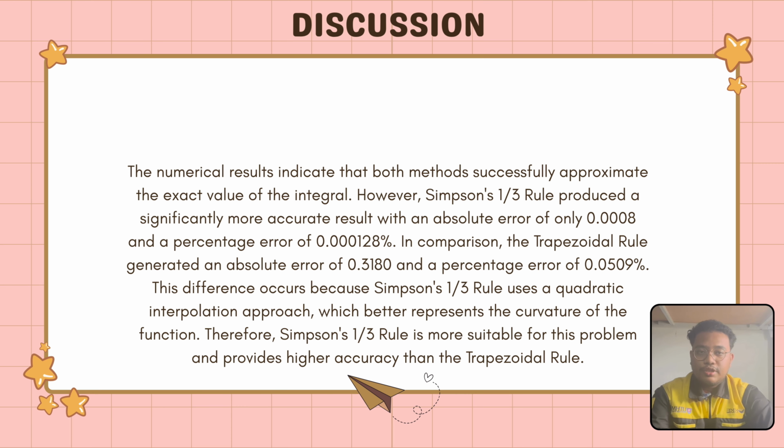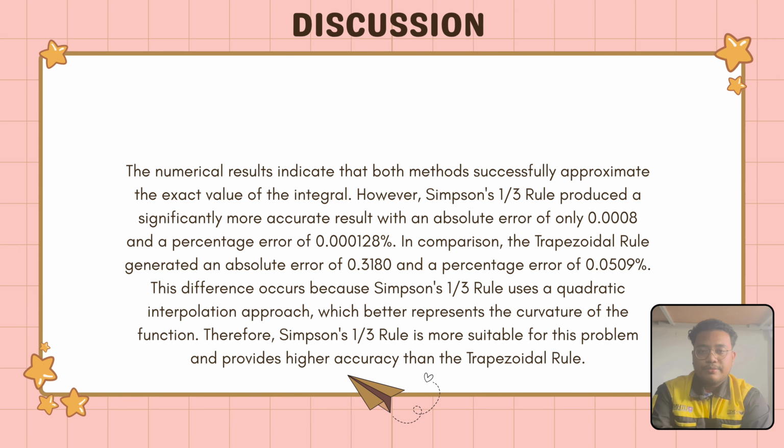In comparison, the trapezoidal rule generates an absolute error of 0.3180 and a percentage error of 0.0509%. The difference is because Simpson's 1/3 rule uses a quadratic interpolation approach, which better represents the curvature of the function. Therefore, Simpson's 1/3 rule is more suitable for this problem and provides higher accuracy than the trapezoidal rule.